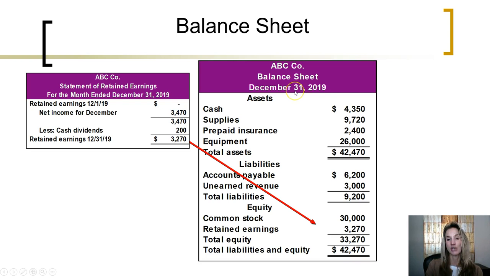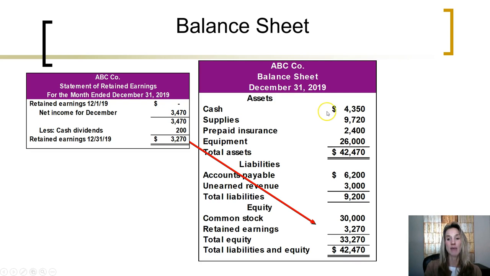However, the balance sheet is reporting the assets, liabilities, and equity on just the last day of the accounting period. Think of the balance sheet as a snapshot or a screenshot, one day in time, of the assets, liabilities, and equity, or the financial position of the company.